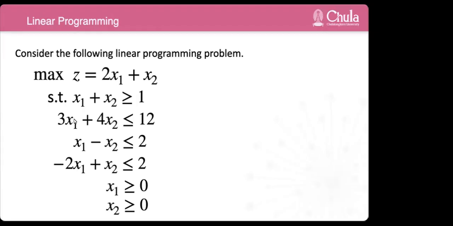We have 3x1 plus 4x2 less than or equal to 12. If we add a new variable, for example s1, and s1 is positive, we can render this less than or equal to equal.